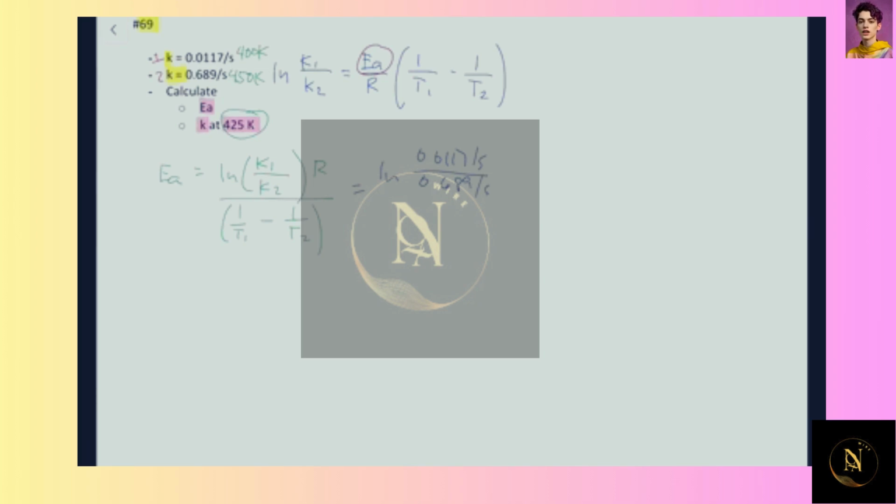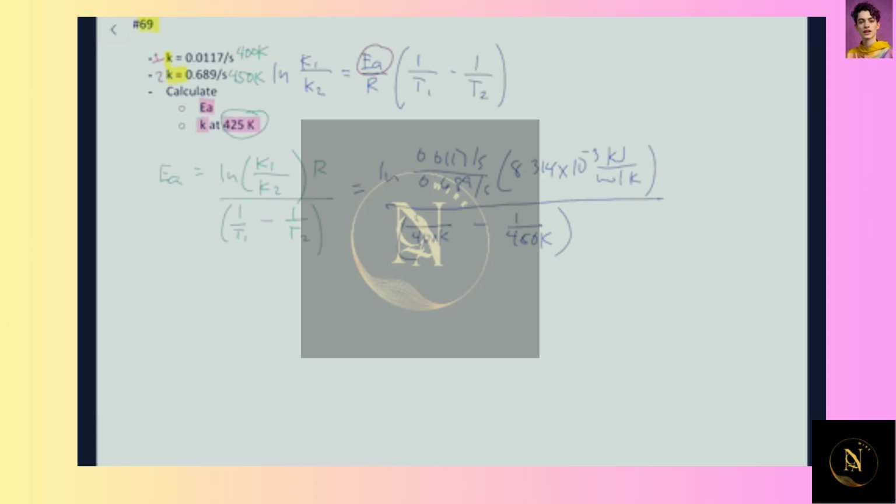I'm multiplying by R, and I want to express it in kilojoules, so I'm using 8.314 times 10 to the minus 3 kilojoules per mole Kelvin. All of that over 1 over T1, which is 400 Kelvin, minus 1 over 450 Kelvin for T2.